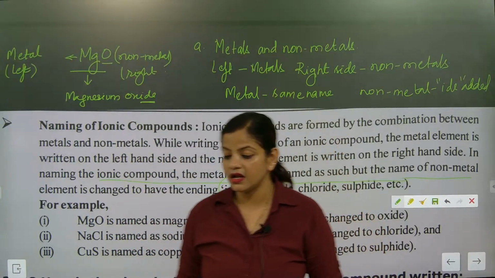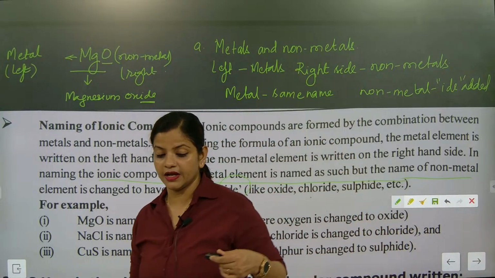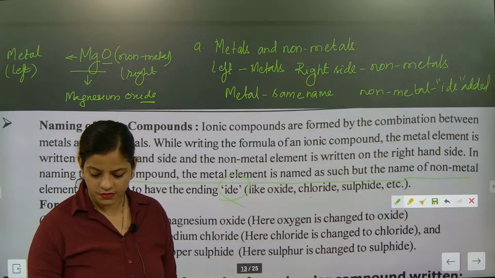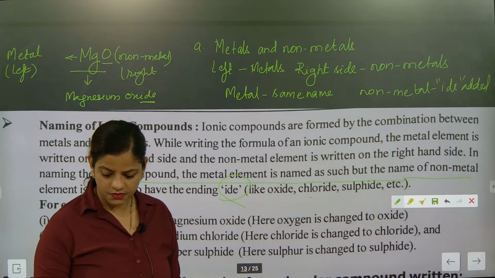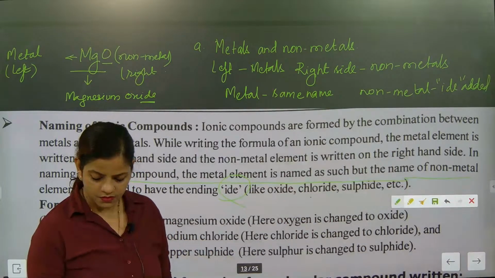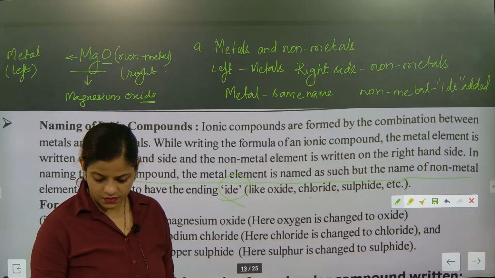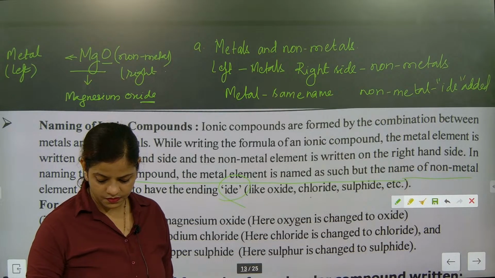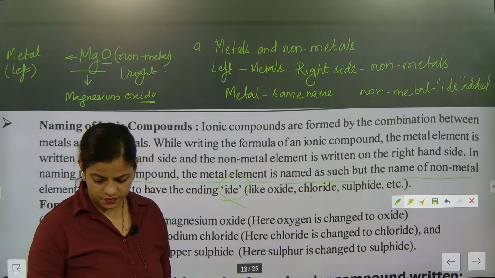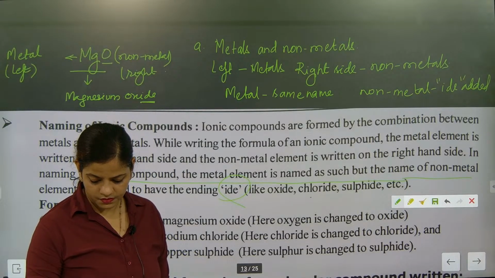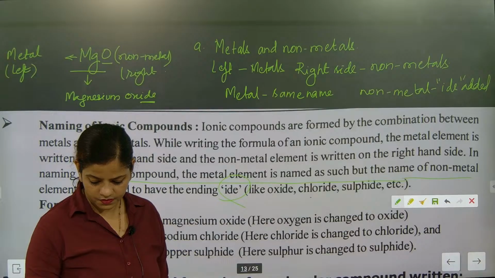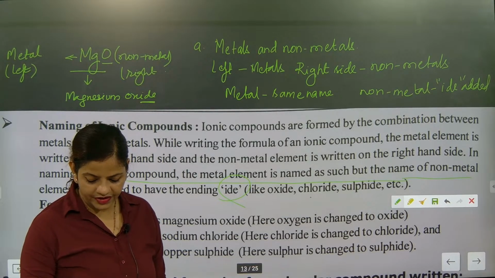So metal will be gaining... no, metal will be losing electrons and non-metal will be gaining electrons. I hope you have understood left and right side, beta.